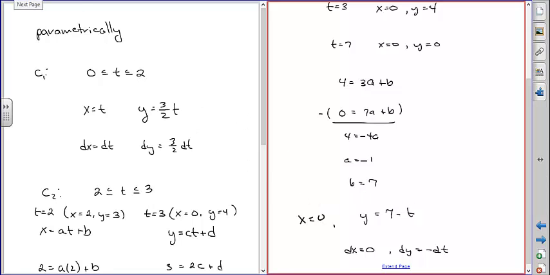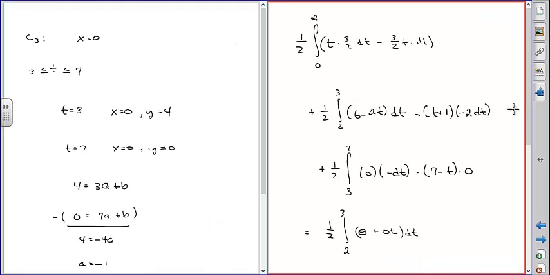So then you plug them in and you get 3 integrals. So here are the 3 integrals. You've got x times dy minus y times dx. You get the second integral, x times dy minus y times dx. And the final one. So this one goes to 0. This one cancels out.